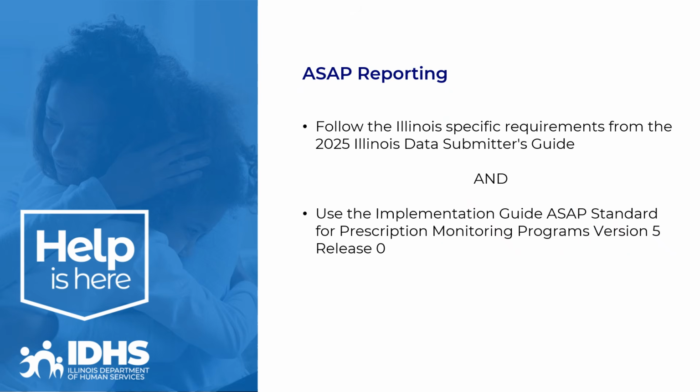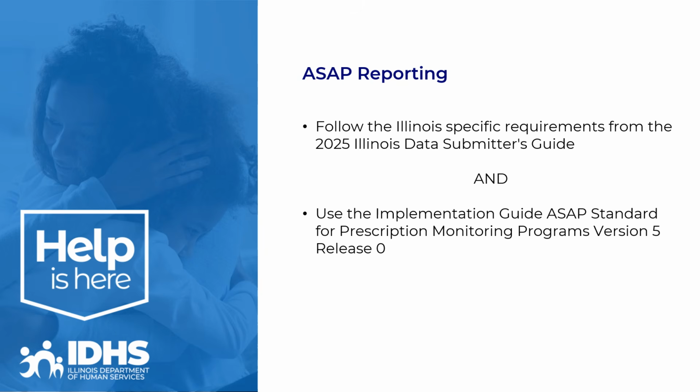ASAP 5.0 reporting requirements differ between Illinois and the American Society for Automation in Pharmacy, or ASAP. Illinois has its own specific guidelines defined in the 2025 Illinois Data Submitters Guide and broken down on the chart attached to the tip sheet.